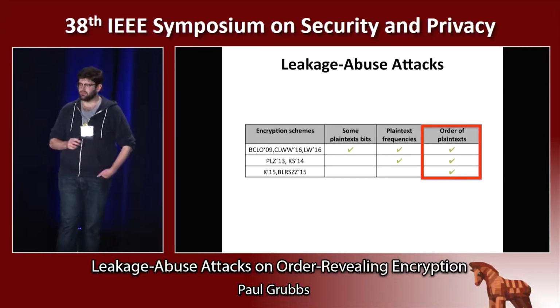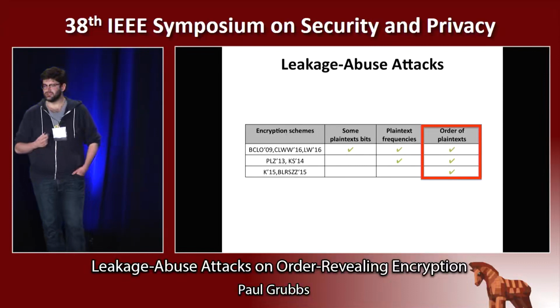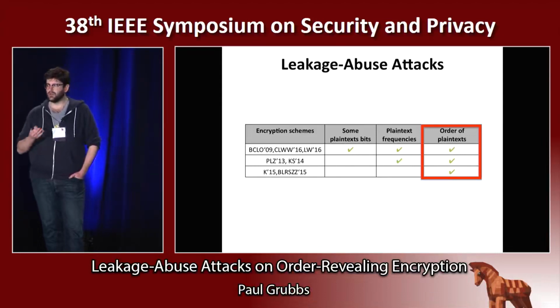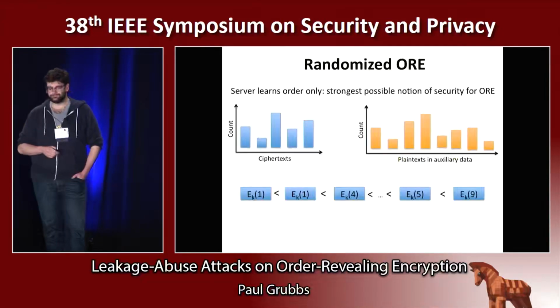They require either strong cryptographic assumptions based on multilinear maps or stateful interactive encryption protocols with client-side state. Nonetheless, it's important to study this setting because all ORE schemes leak the order of the plaintext, so attacks in this setting give a generic lower bound on the security of any ORE scheme.